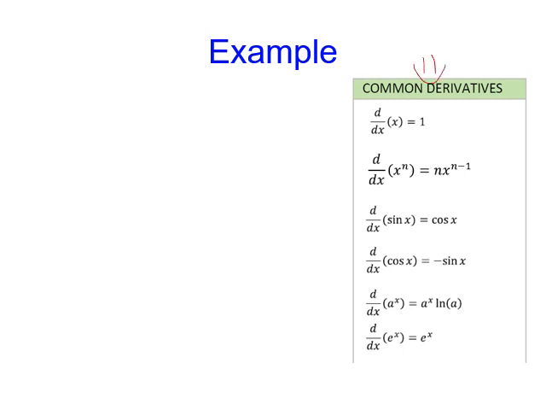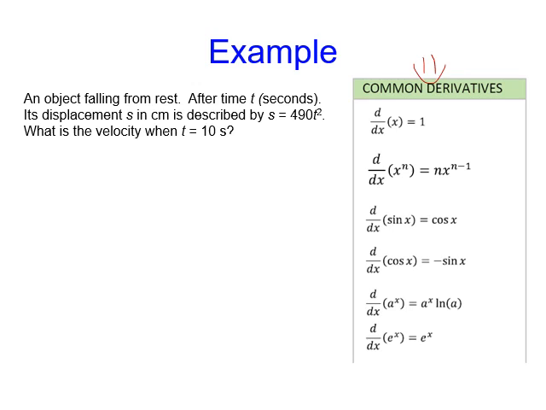For example, if an object falls from rest and at time t its displacement s equals 490 t squared. In other words, the distance or displacement is a function of time, 490 times t squared. The question is, what's the velocity when time is 10 seconds?